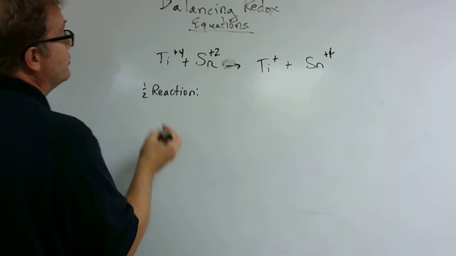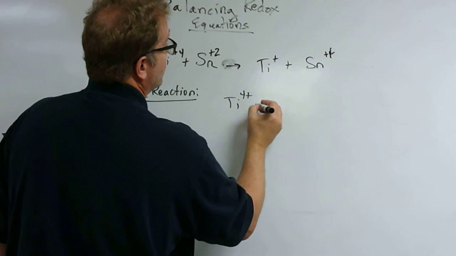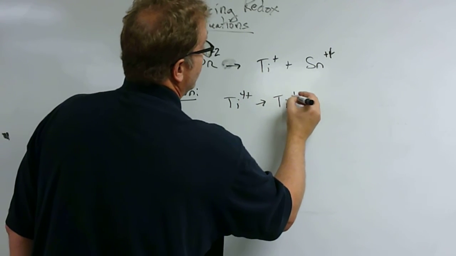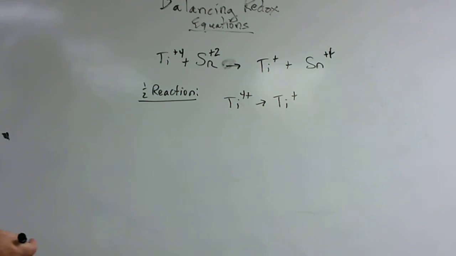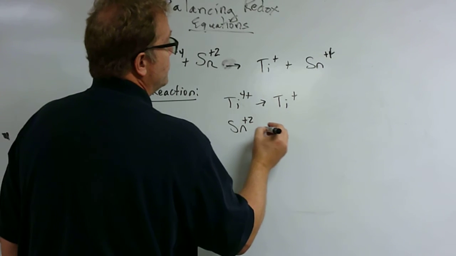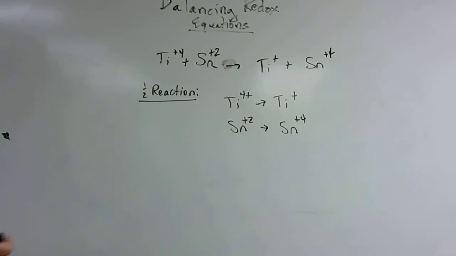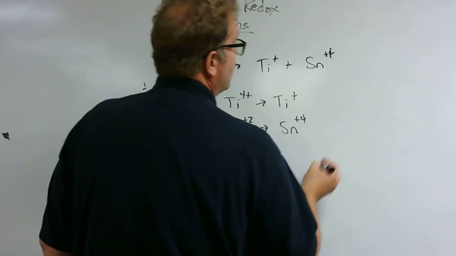Again, comparing charges from left to right. So I've got Ti with a +4, Ti with a positive. And comparing this to this, I've got Sn with a +2, Sn with a +4. Now, which one got less on charge? It would be this one.